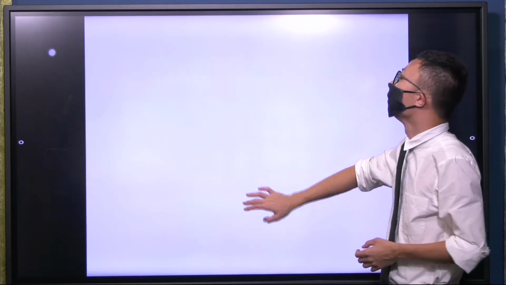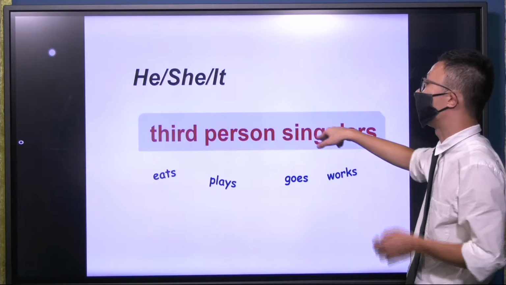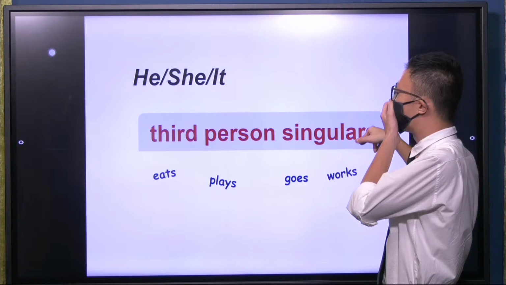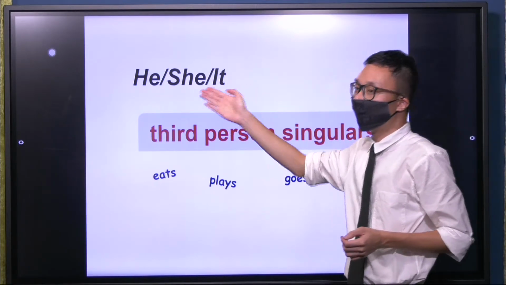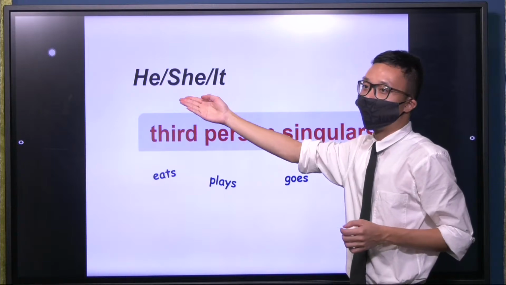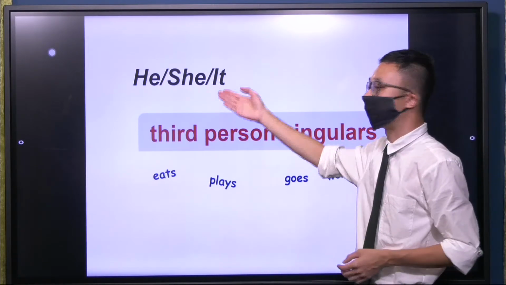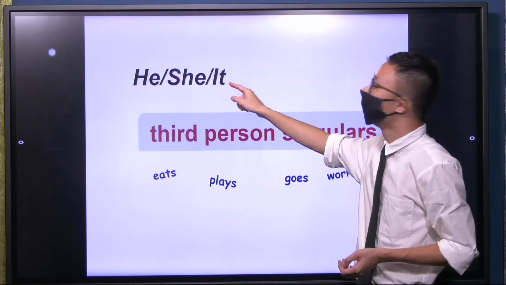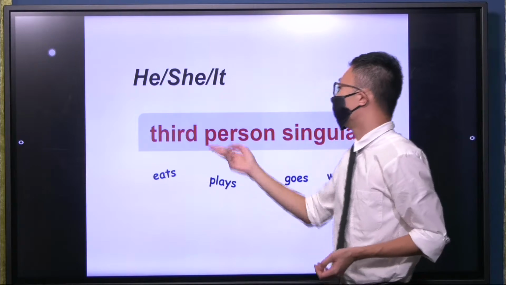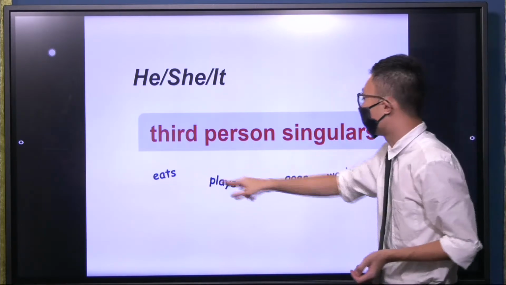Then he, she, it are third person singular. Sometimes they don't tell you it's he, she, it. They say Peter or Mary or the dog. For a dog, or any animal, we use it. So this is third person singular, and we add s. So eats, plays, goes, works. All right.